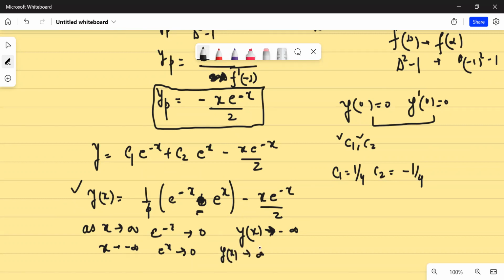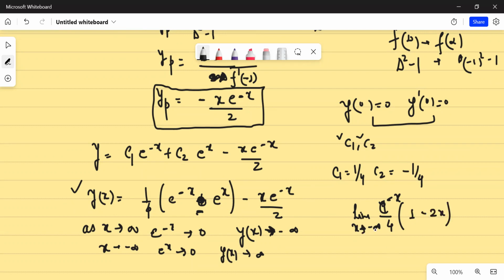Or should I like ऐसे समझाऊं? देखो ऐसे कर दूं. तो limit x tends to minus infinity. Forget about this term because x tends to minus infinity, this will go to 0. It is equivalent to writing 1 over, if I take 4 common and even e की power minus x common, so it will be like e की power minus x by 4 times 1 minus 2x.